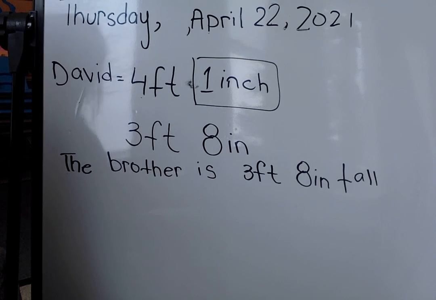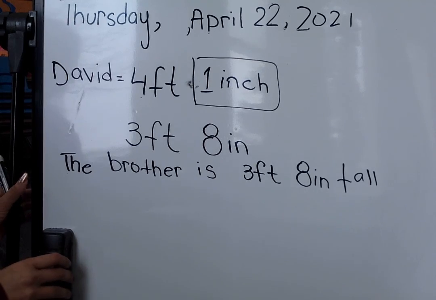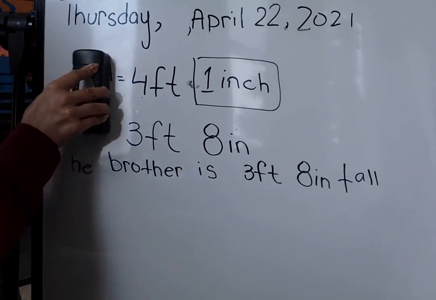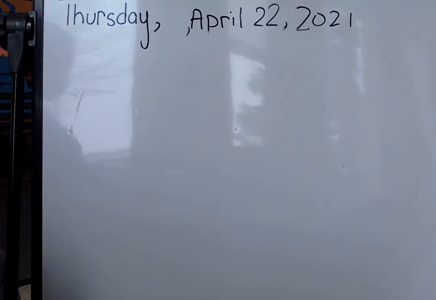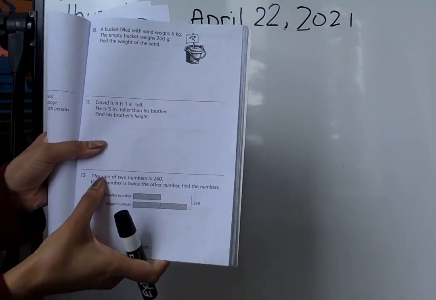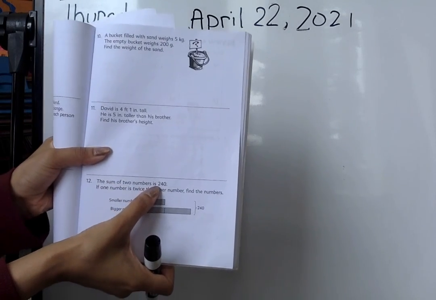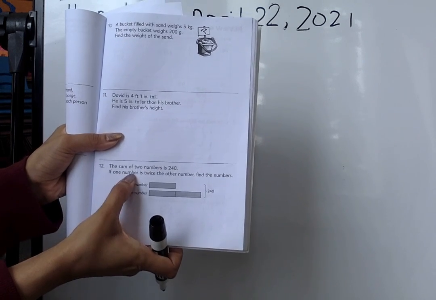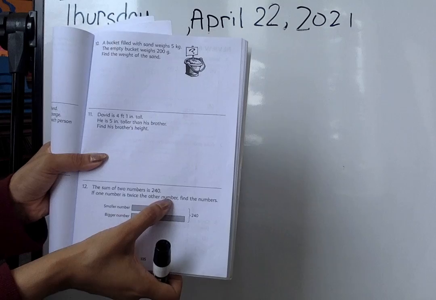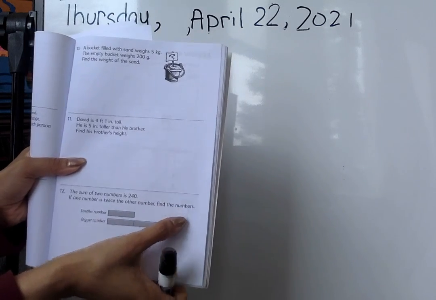Okay, let's move on to our next question, which is question 12. Question 12 says, the sum of two numbers is 240. If one number is twice the other number, find the numbers.